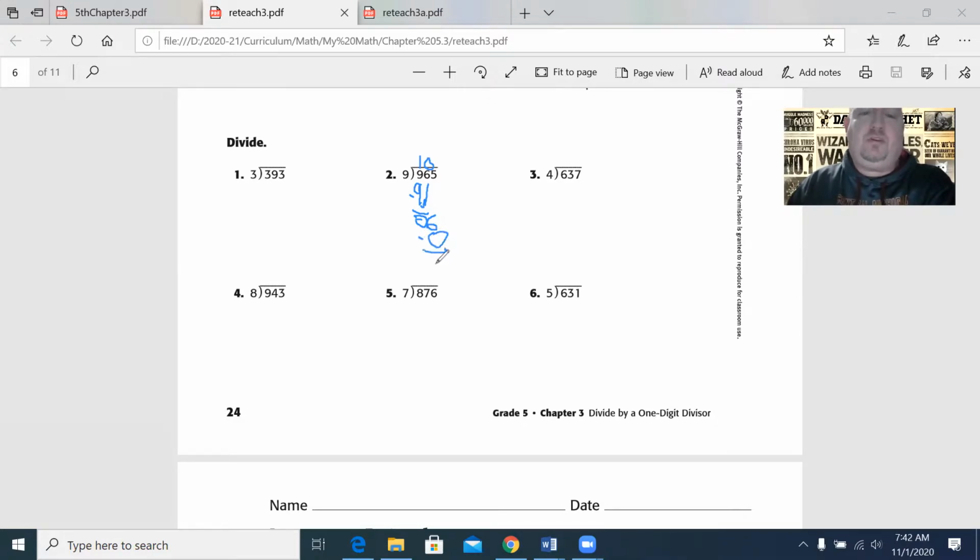Anytime you multiply by 0, it's automatically 0. 6, and now I've got to bring down this 5. 9 into 65. Well, if I remember my math facts, 9 times 7 is 63, so I'm going to go there. 107. 63. I subtract. 107, remainder 2.